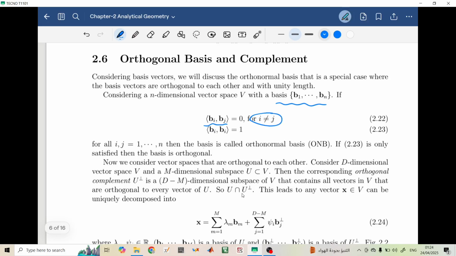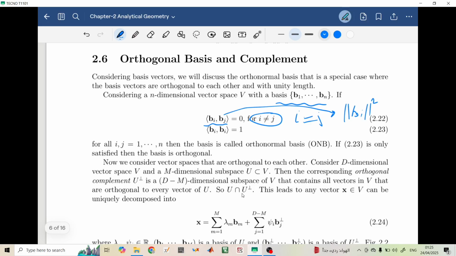If they are the same, say in the case when i equals j, what we have equals the norm squared of the basis vector.